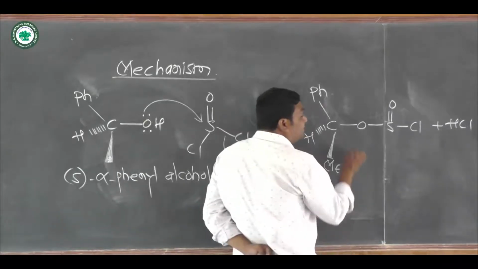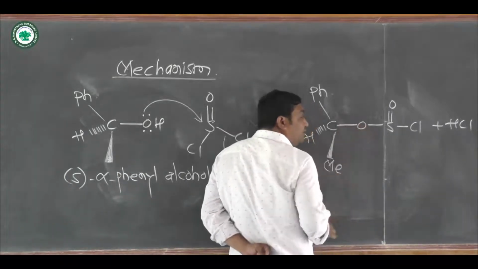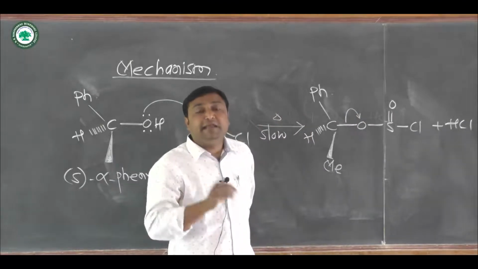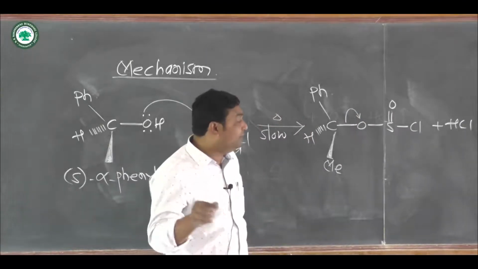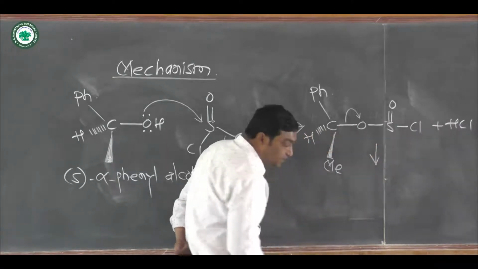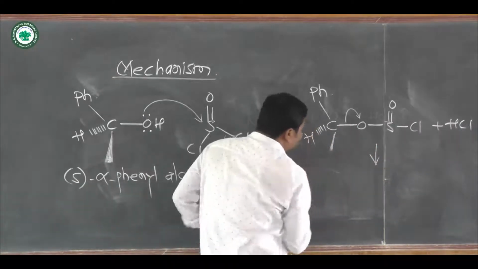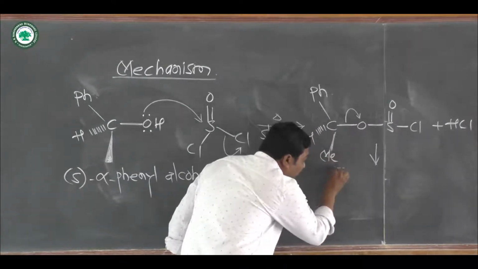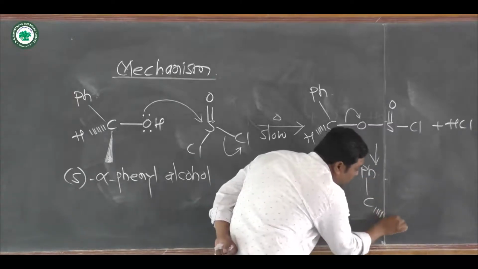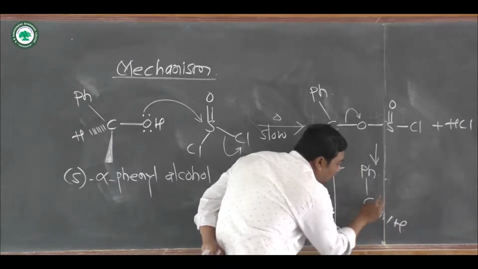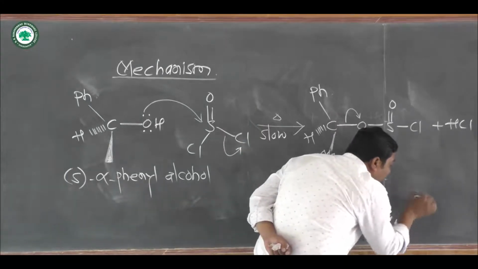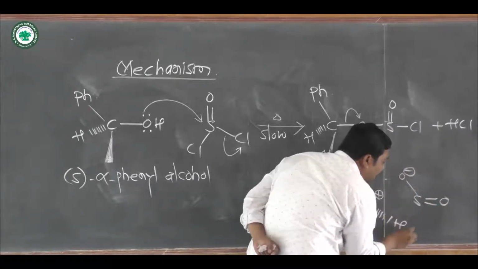Now in the second step, this carbon oxygen bond breaks to give an intimate ion pair, which is nothing but the formation of a carbocation along with this anion.